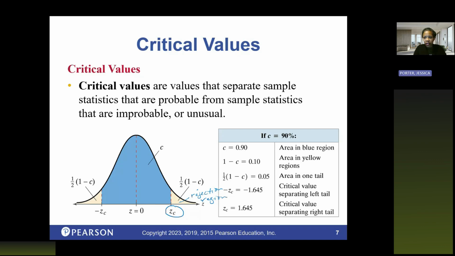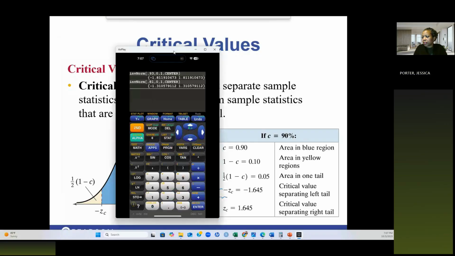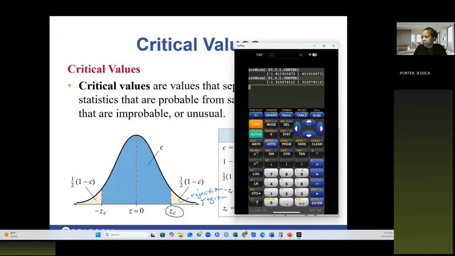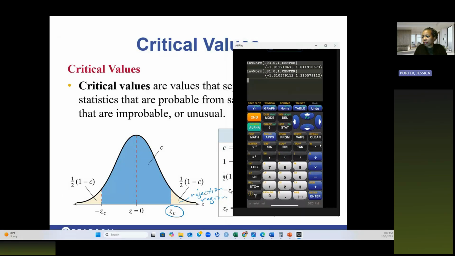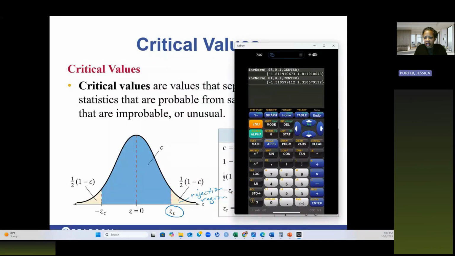Let's start with the calculator. Let's clear all that out. And we said we had a confidence level of 0.9. Here we go.